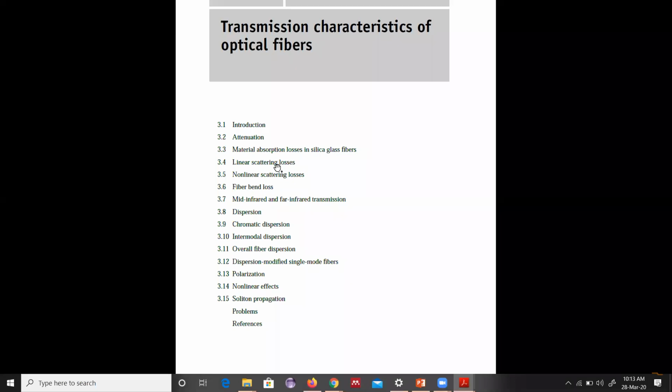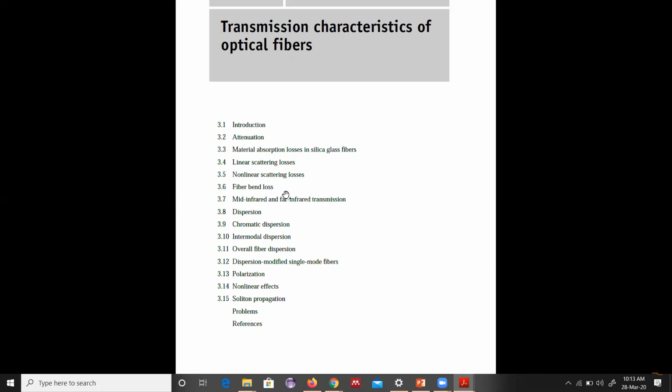In scattering, we have two categories: linear and non-linear scattering processes. We're going to discuss linear and non-linear scattering in detail in the coming discussion. And the third type of attenuation is bending, that is fiber bending loss. We have two classifications in fiber bending loss. One is micro bending, the other one is macro bending. Macro bending is nothing but physically bending the optical fiber beyond a certain radius of curvature.